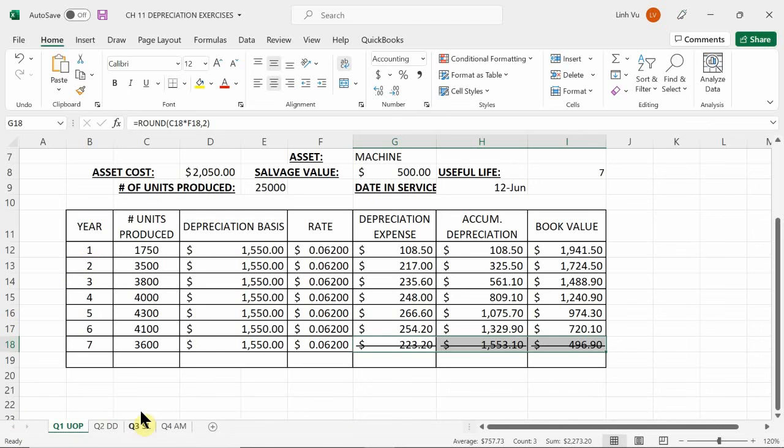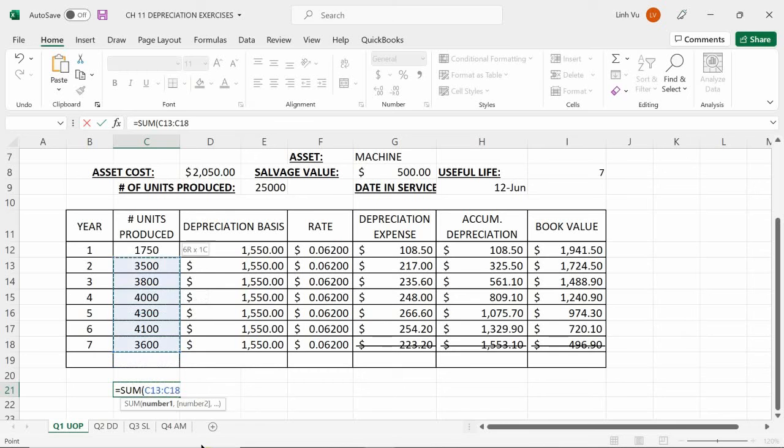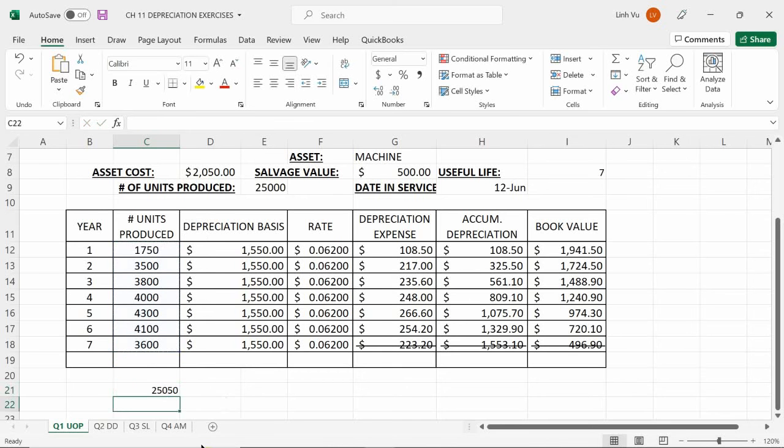How many units can I produce? 25,000. You can produce 25,000. So in this case, I'm going to do an equal sum real quick. Did I produce 25,000 units? In this case, I produced 2,550.